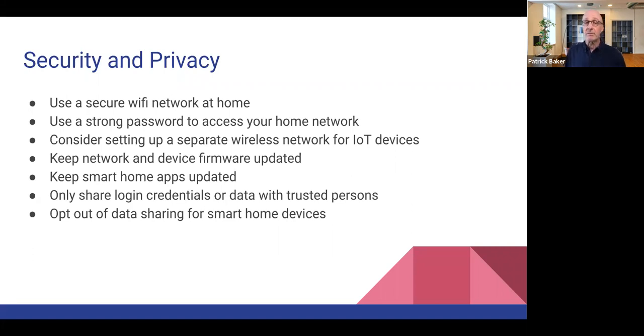Make sure that you keep the firmware on your network hardware and your smart devices updated. Firmware is the software that's embedded in the device itself. Usually we don't have much, if any, direct interaction with the firmware, or if we do, it's not something we think about. When I log into my wireless network at home, on some level, I'm interacting with that firmware.